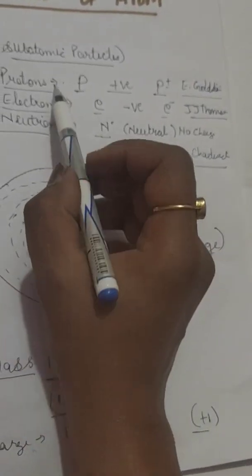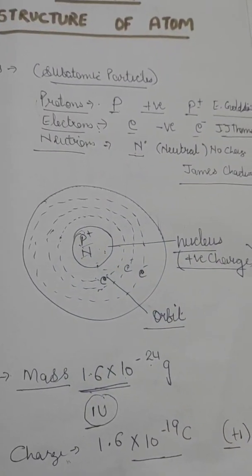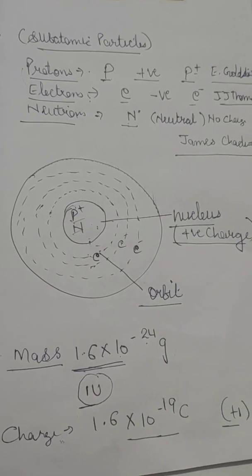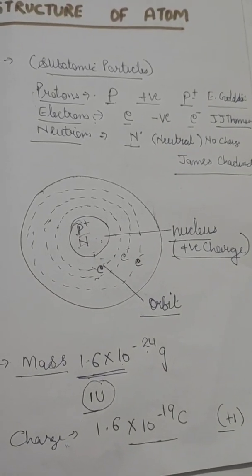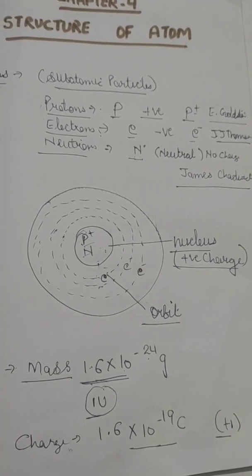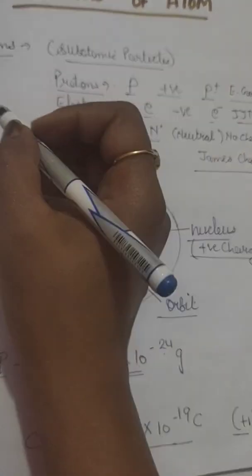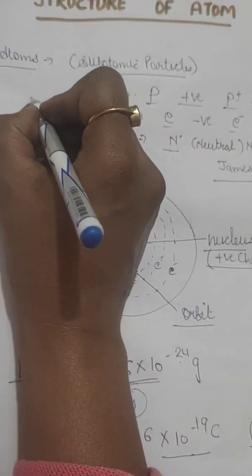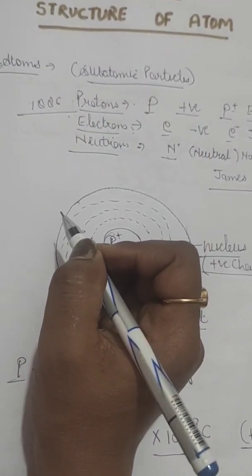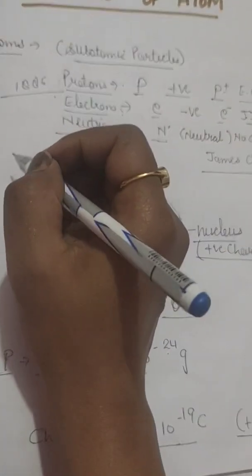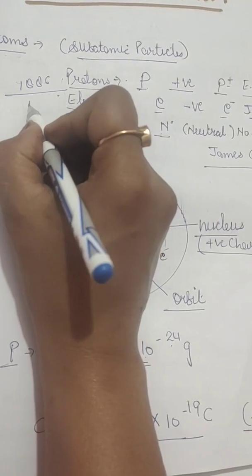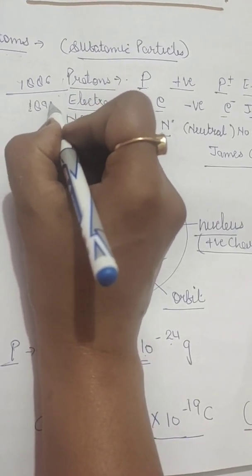The first discovery was that of the proton, the very first discovery, in 1886. Then the discovery of the electron was done after the discovery of the proton, in 1897.